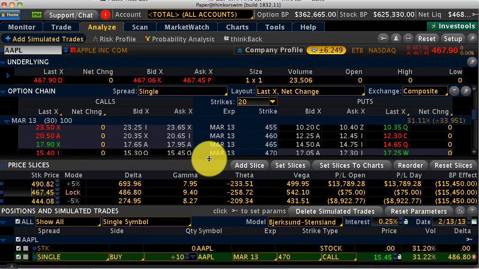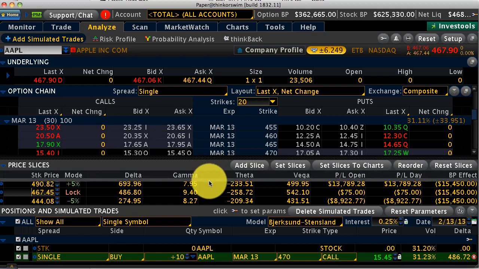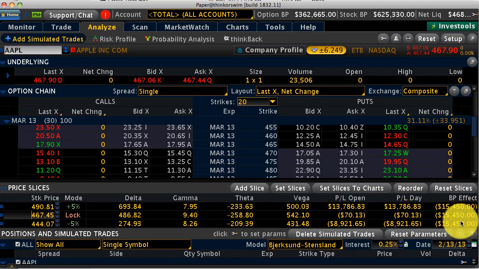And when you're buying options, if you remember from the first section, we said that your maximum loss in this position is going to be $15,450, whereas your profits on the upside, if Apple were to continue to go on the upside, it is unlimited. And so that's what we want to see in this lecture.